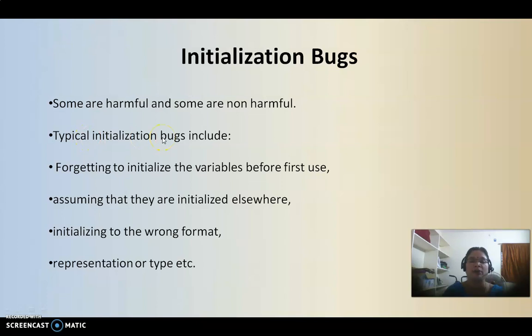First, forgetting to initialize a variable that we have created, and assuming that those variables are already initialized, so we use the variable without initializing it. Second, initializing in the wrong format, that means you have declared an int type but you are assigning a float value. A mismatch of the representation or type, or not mentioning the type of the data, are all considered initialization bugs.